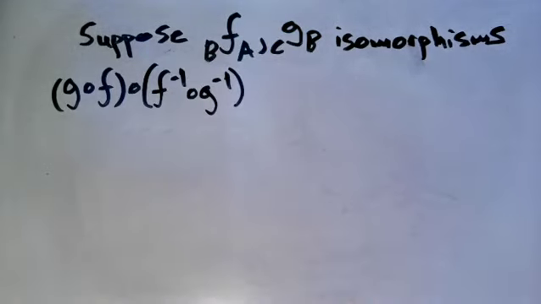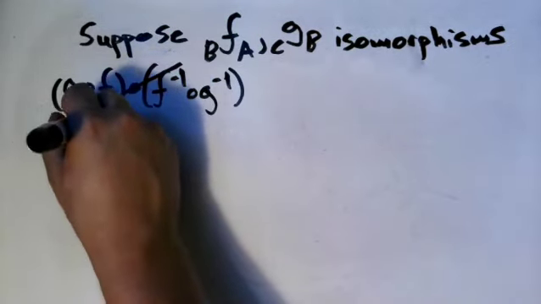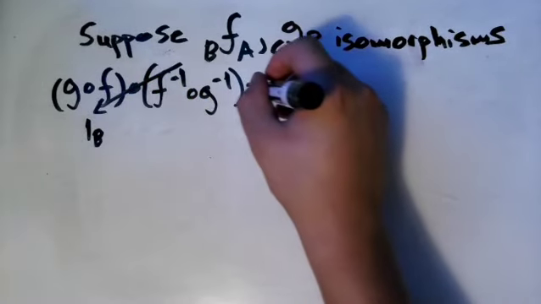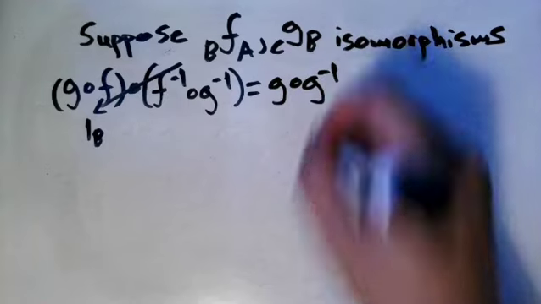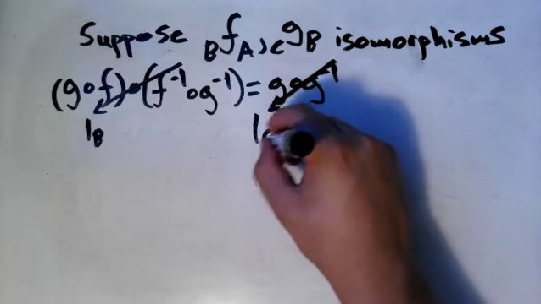Well, of course, composition is associative, so we could ignore the parentheses and cancel this to be 1_B. That will give us g after g inverse, which will collapse to give us 1_C.